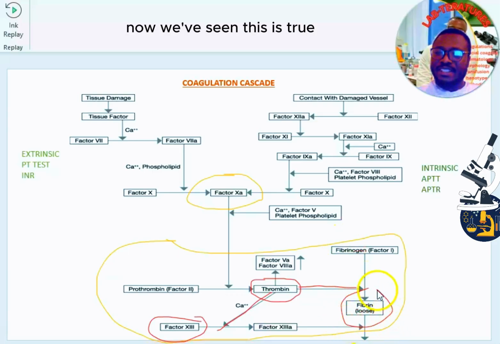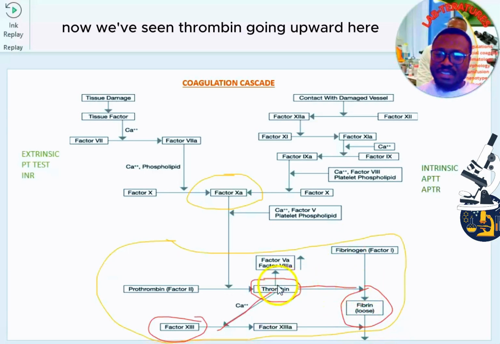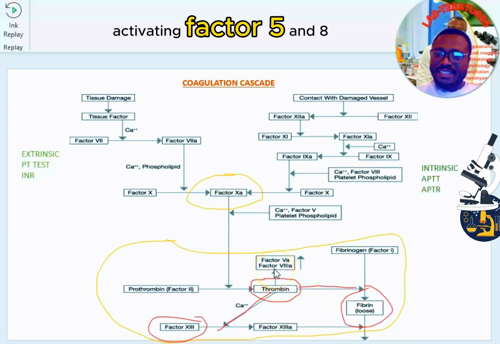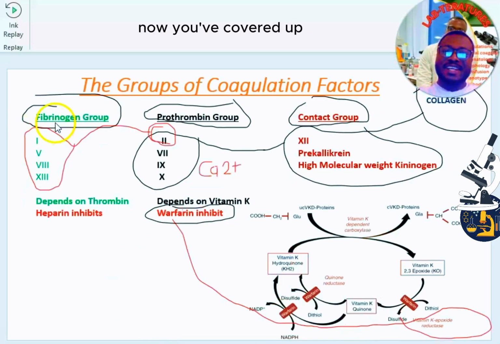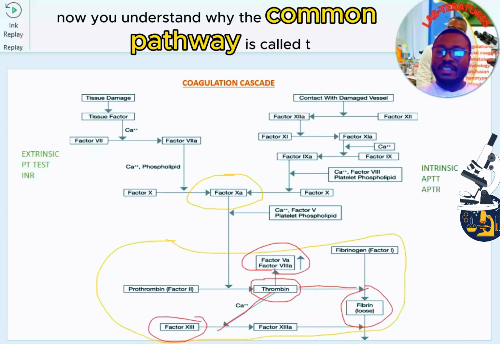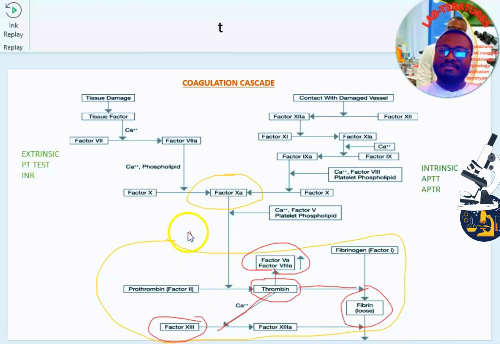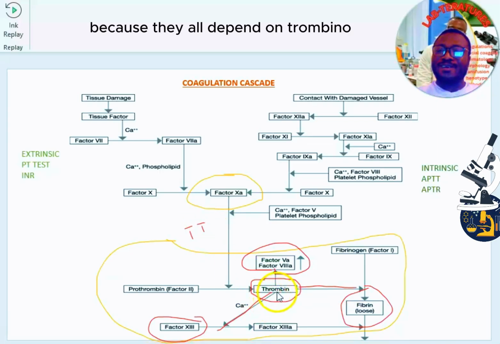So this is true. Now we've seen thrombin going upward here, activating factors 5 and 8. So when we come back to this, now we've covered it. Now you understand why the common pathway is called TT, thrombin test, because they all depend on thrombin.